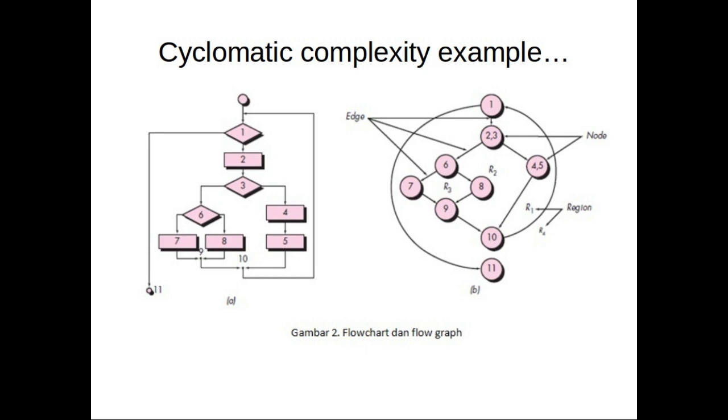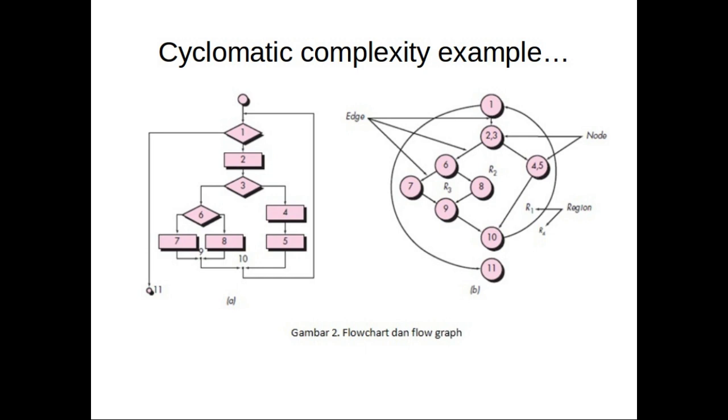Each circle, called a flow graph node, represents one or more procedural statements. A sequence of process boxes and a decision diamond can map into a single node.